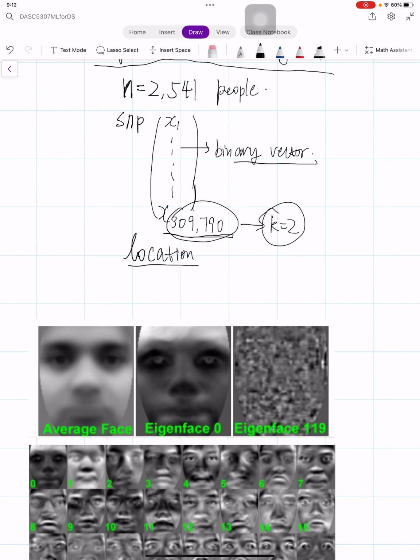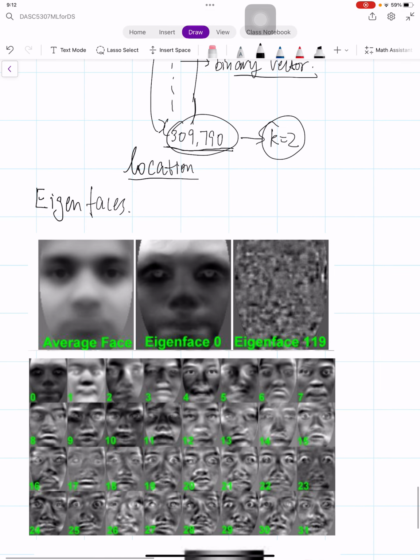And the second application is eigenfaces. Okay, suppose you have images, example 2. Eigenfaces.